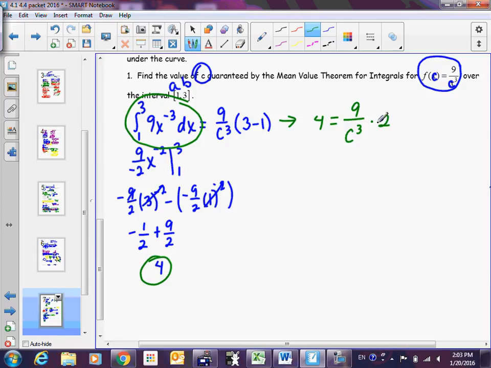So we could do 9 times 2, but because 2 goes into 4 so evenly, let's divide by 2 and keep the numbers small. We're just trying to solve for c. It's just an equation we're trying to solve. So what next, algebraically? Multiply by c cubed. Divide by 2. So there are other ways we could have gotten from here to here. But no matter what you do, you got to get that c cubed by itself.